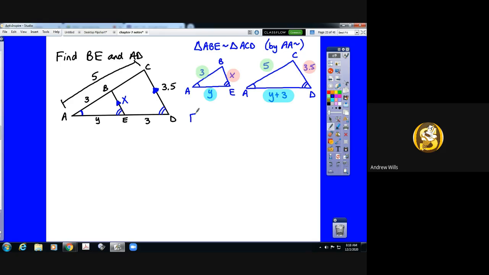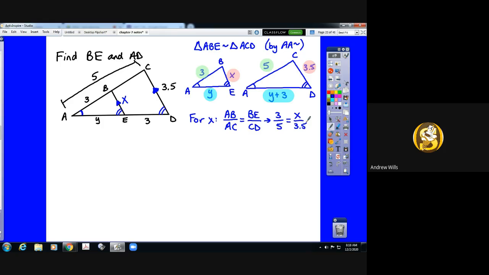So to find the value of x, we are going to set up the proportion AB is to AC as BE is to CD. We're not going to involve the sides that include the letter y when we're solving for x. We're going to ignore those 2 sides and set up a proportion with the other 2 sets of sides. So when we plug in the side lengths, that would be 3 is to 5 as x is to 3.5.